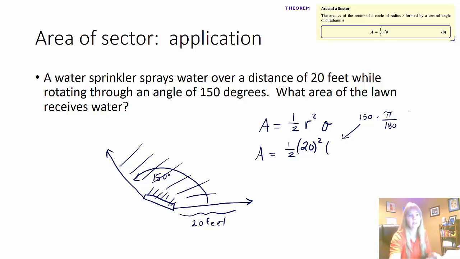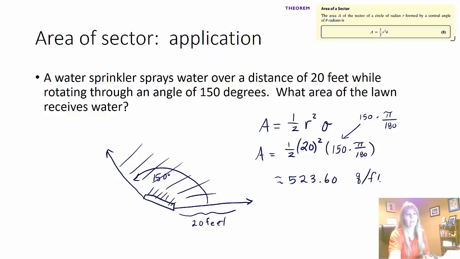That's the big key. And so I can write all that down here, 150 times pi over 180. And I stick all that in my calculator, and I get approximately 523.60 square feet. Let's go.